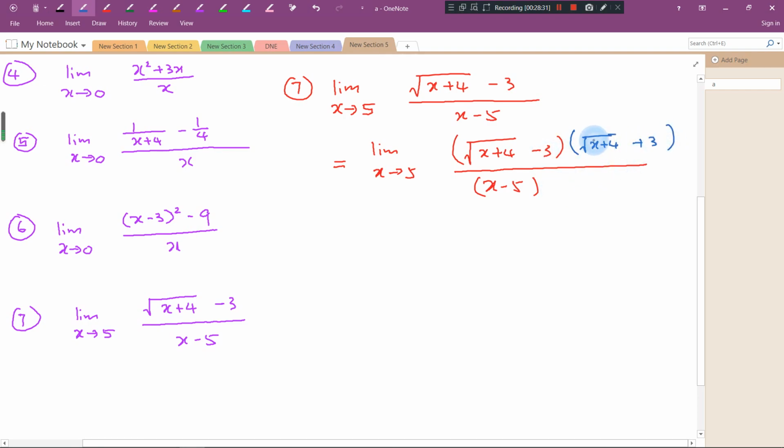Okay, whatever you do for the numerator, you have to do the same thing for the denominator. Now, a minus b times a plus b, you know that this is actually a squared minus b squared, right? So this is a squared minus b squared.